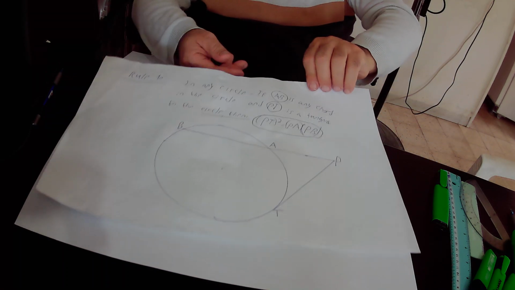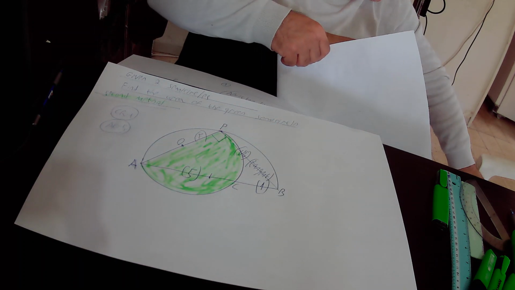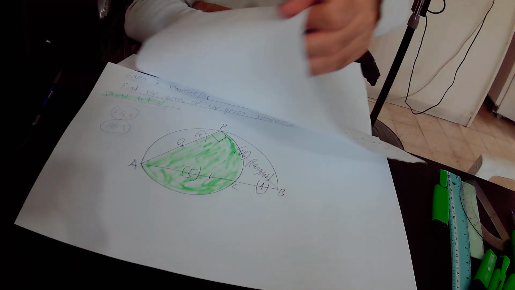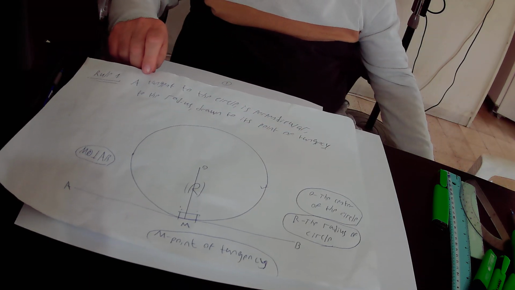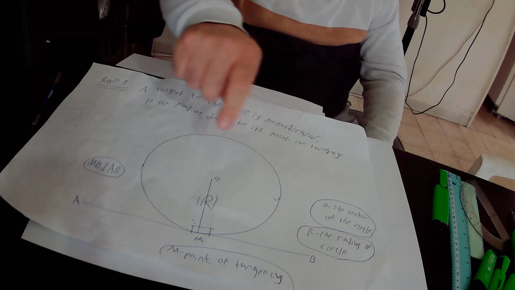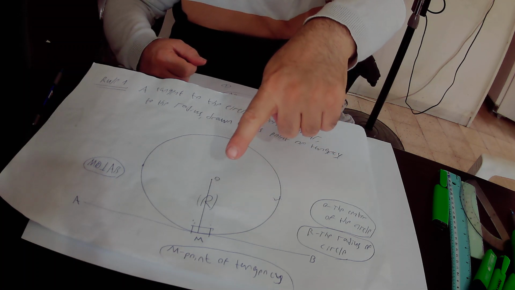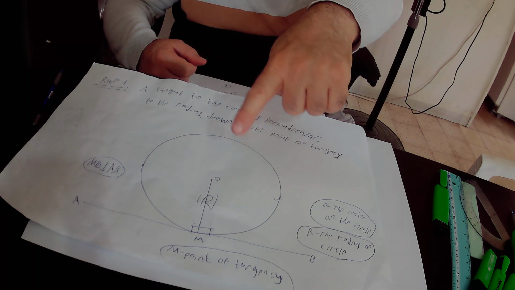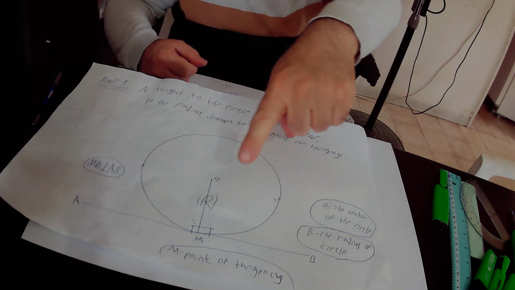According to rule 1, the tangent to the circle is perpendicular to the radius drawn to its point of tangency. So in the domain we have a circle, and this is line segment OM, the radius of this circle, and line segment AB is perpendicular to the radius MO.